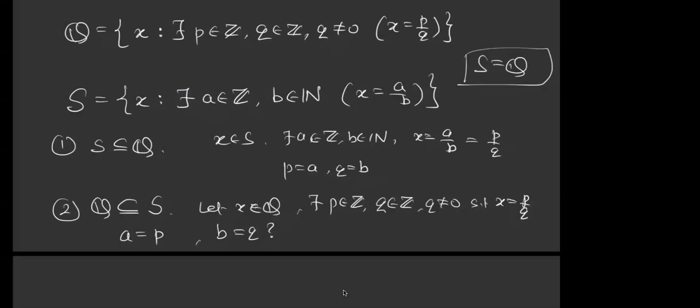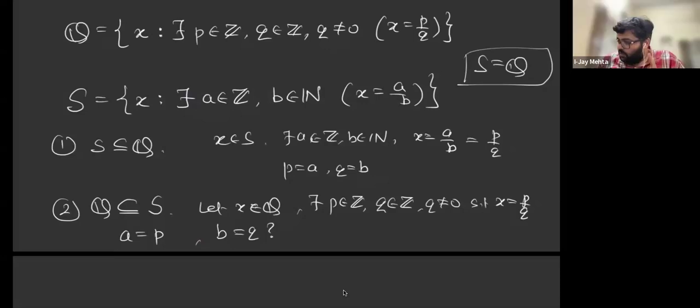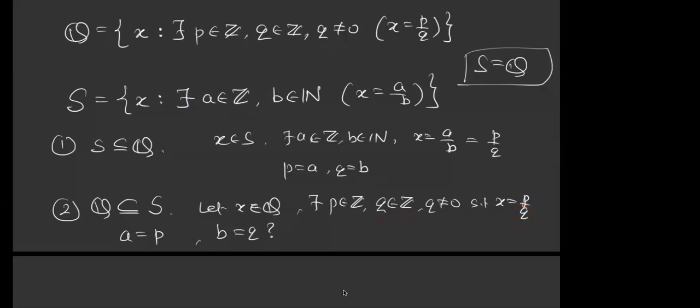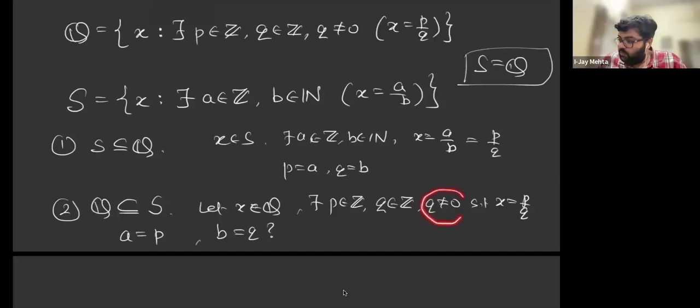B equal to Q we can take because we have a condition that Q does not equal 0. No, wait, Vishal. I am given Q. What is Q? Q is an integer, and also I know that Q is not equal to 0. Can you give me an integer which is not equal to 0?